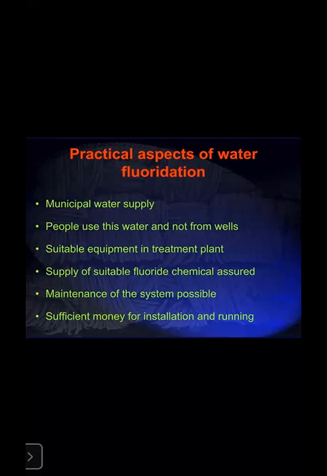Suitable equipment in the treatment plant and a supply of suitable fluoride chemicals should be assured. Maintenance of the system should be possible. It should not be that once you have installed it and maintenance is not possible, then there is no sense. And sufficient money is needed, because the one-time cost is very high. If you want to apply fluoride in, for example, Ahmedabad, the initial cost will be too much.